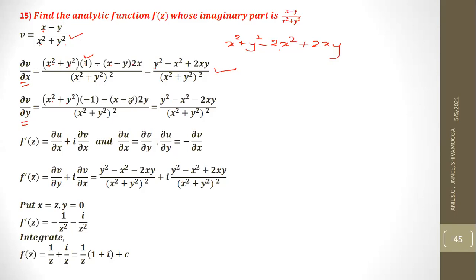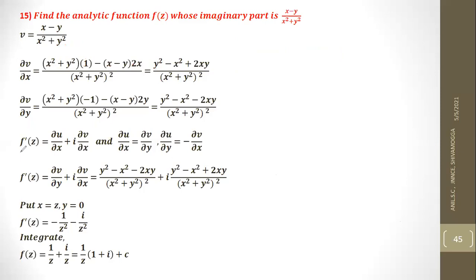Minus numerator x minus y into derivative of x square plus y square is 2y, divided by denominator square. On simplification, this will be y square minus x square minus 2xy divided by x square plus y square whole square. This is the first working rule, finding the partial derivatives.